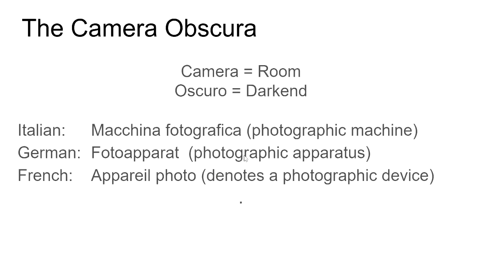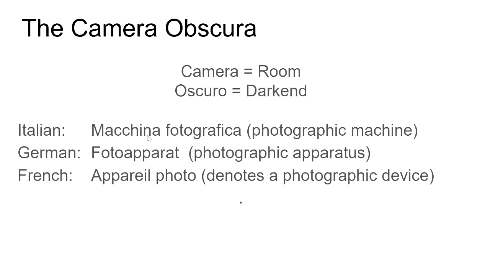So the word camera obscura is actually Italian: camera means room, and oscuro means darkened, so camera obscura is a darkened room. I think that's really funny about the language, because in Italian, for a photographic camera they would usually say macchina fotografica, a photographic machine, because they're not going to use the word camera, since camera means room, right?